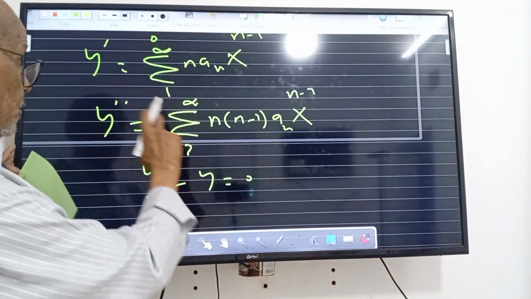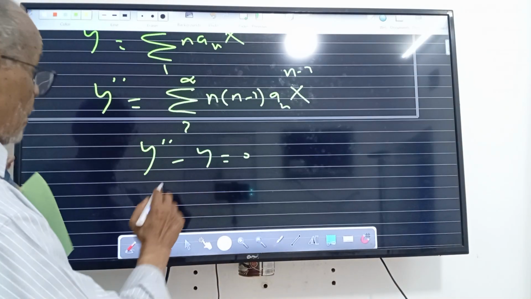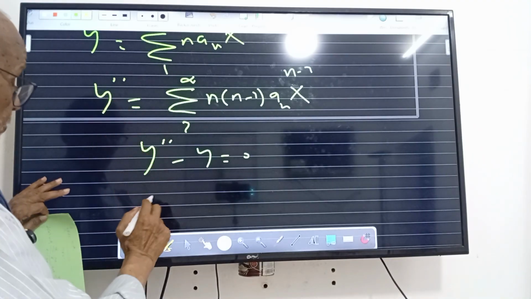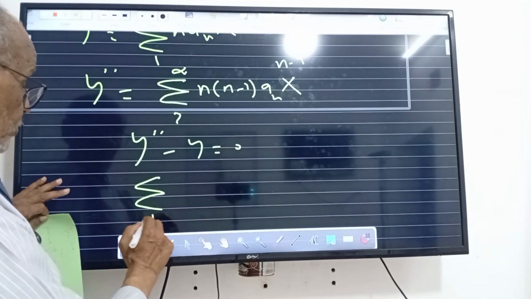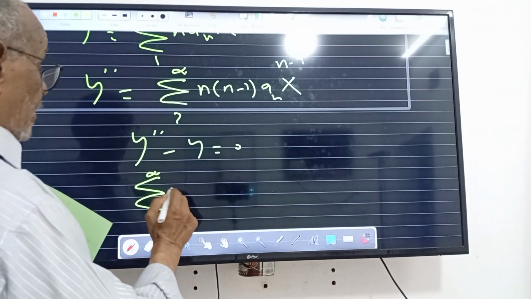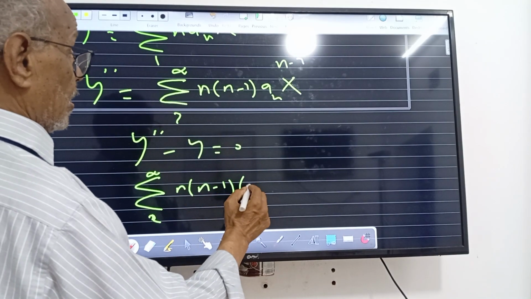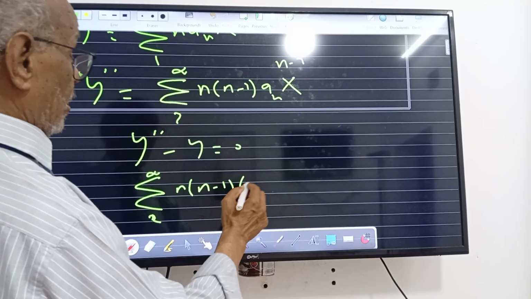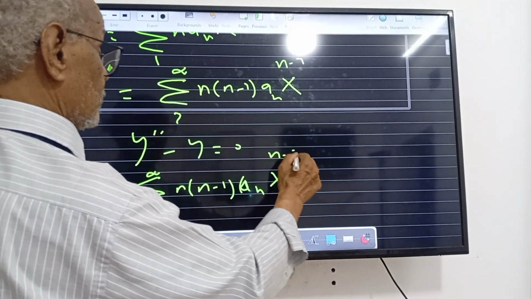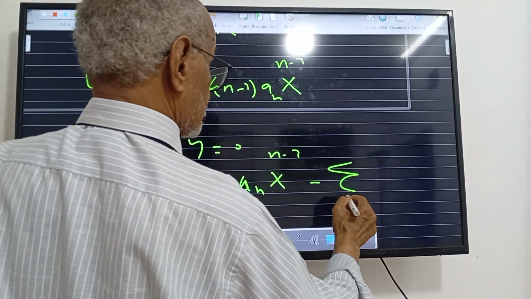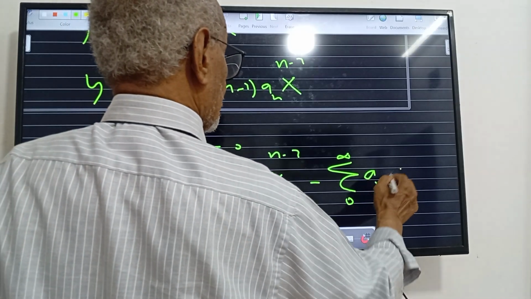Instead of y double prime, we put sigma from 2 to infinity n times n minus 1 a n x to the power n minus 2, minus sigma from 0 to infinity a n x to the power n.